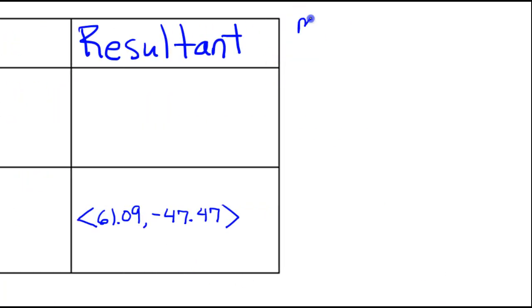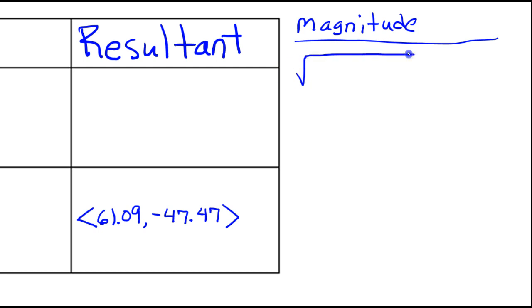Okay, so let's start with the magnitude, which we can simply find using the magnitude formula. So we will do 61.09 squared plus negative 47.47 squared, and take the square root of all that with a calculator.